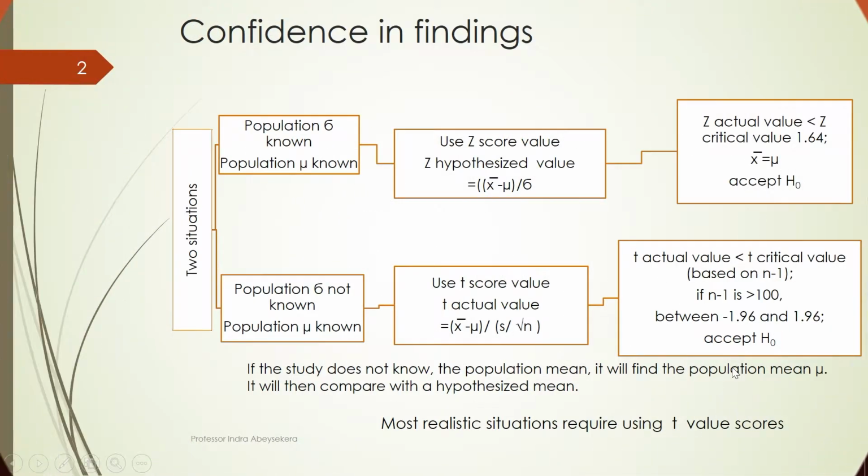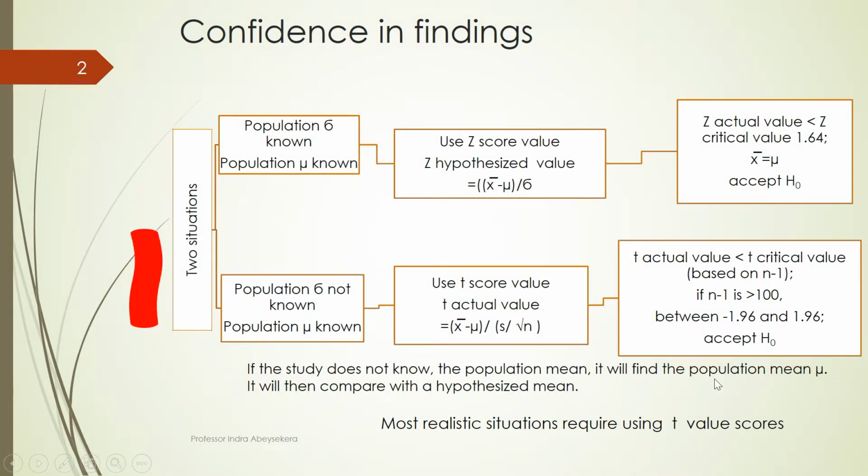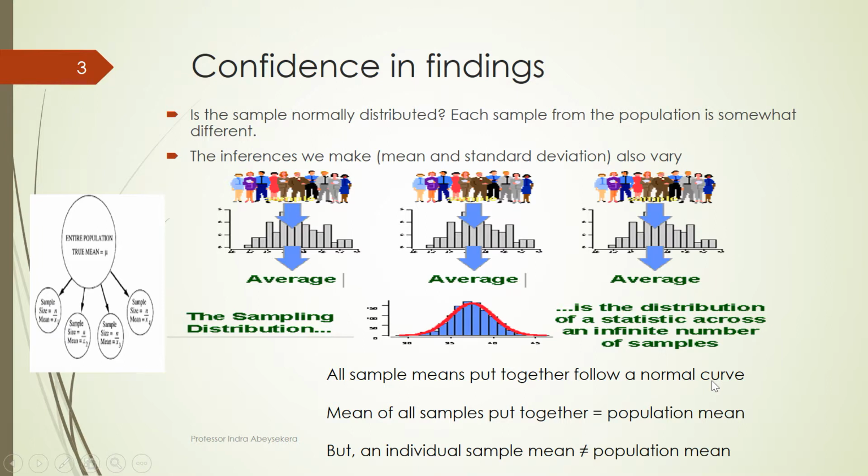The most realistic situation is where we don't know the population standard deviation. We know the population mean, or we can find out the population mean for hypothesis testing. For us to use the means for hypothesis testing, we have to ask the question whether the sample is normally distributed.